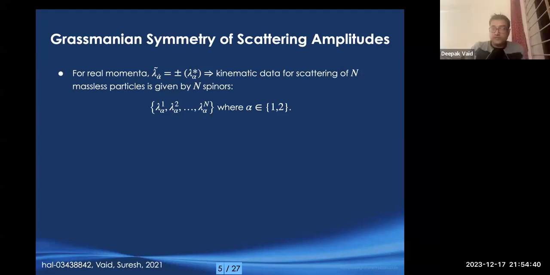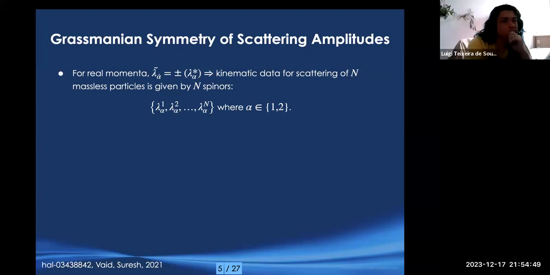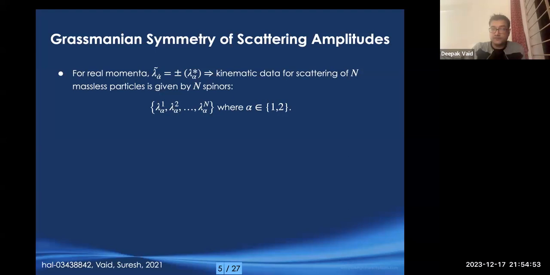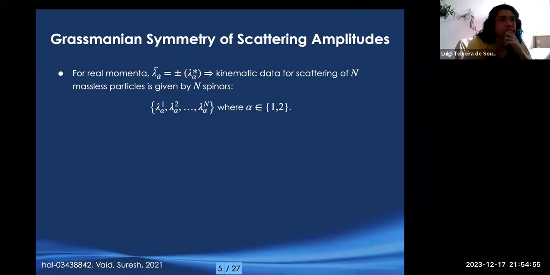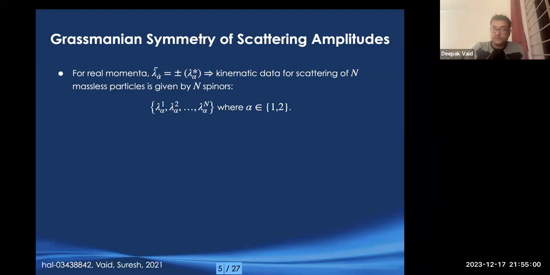So for a single null momentum, you need a spinor to specify the momentum completely. And for n particles, you need n such spinors, from lambda 1 to lambda n.